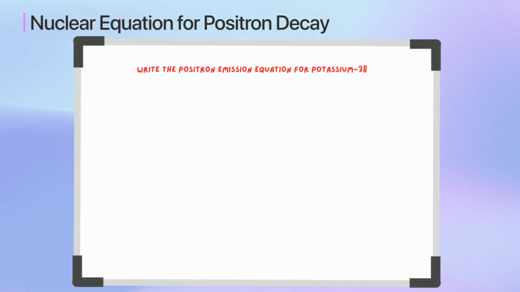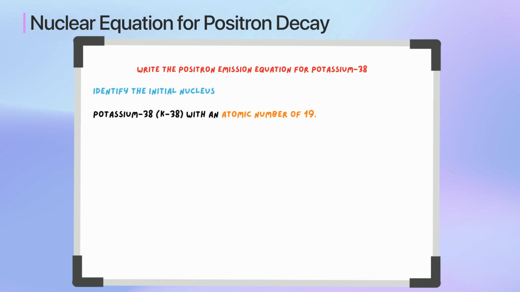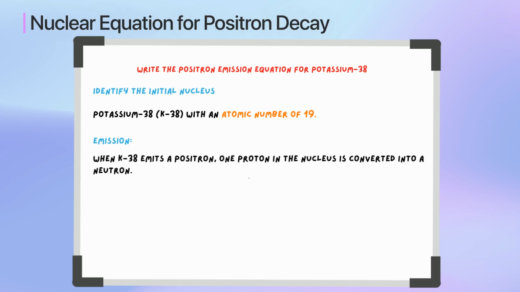Let's try one more. We need to write the positron emission equation for potassium-38. We start again by identifying the initial nucleus and its properties. In this case, potassium-38 with an atomic number of 19. We then consider the changes after emission. When potassium-38 emits a positron, one proton in the nucleus is converted into a neutron, so the mass number stays as 38.